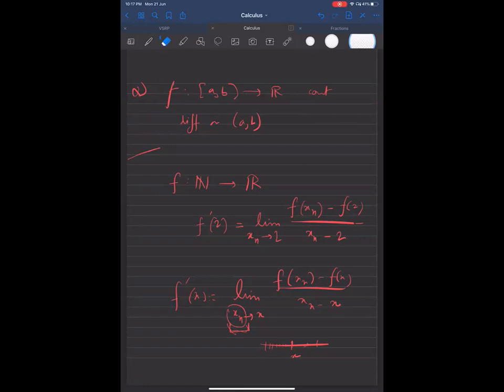Similar to the case where there is no sequence converging to x, we will also get rid of all those cases where there is only a sequence from a particular direction and not from the other side. Suppose at the point A, you can have a sequence converging from here, but you don't know anything about the other side.